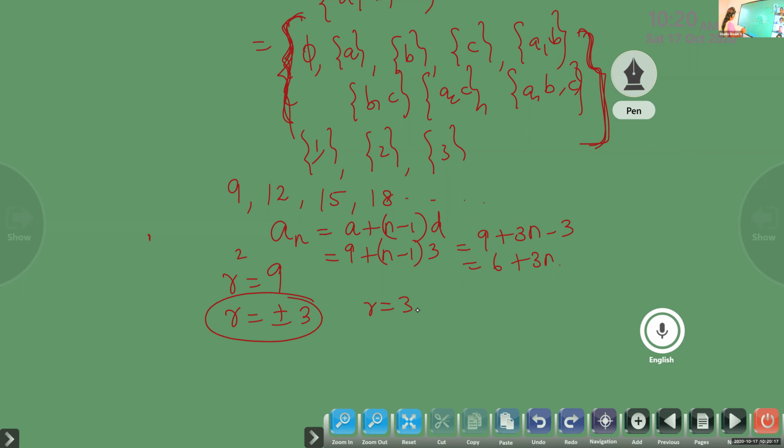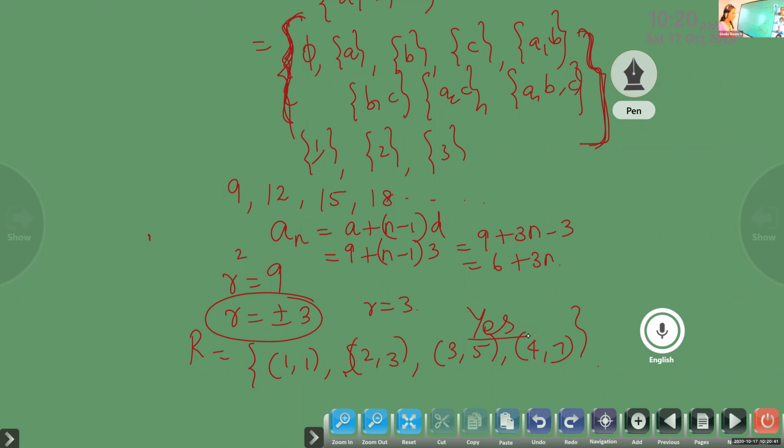Then 18th question. R is equal to the set of ordered pairs (2, 3), (3, 5), (4, 7). Is it a function? Give reason. Is it a function? The answer is correct. It is yes.